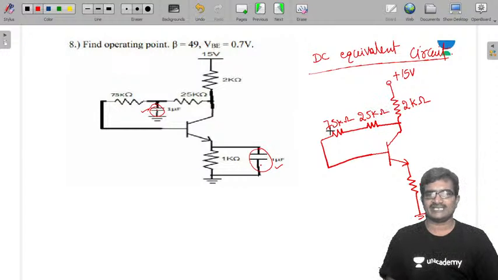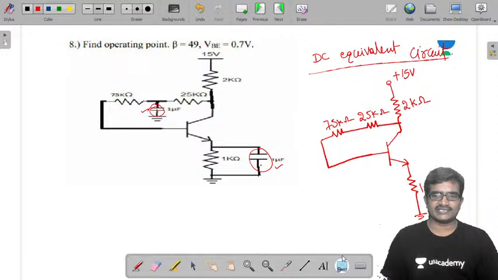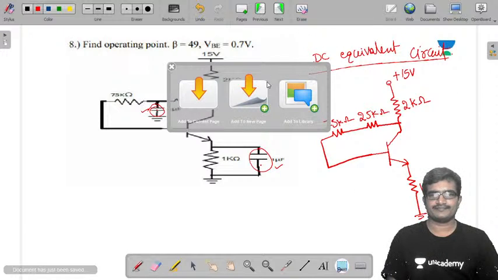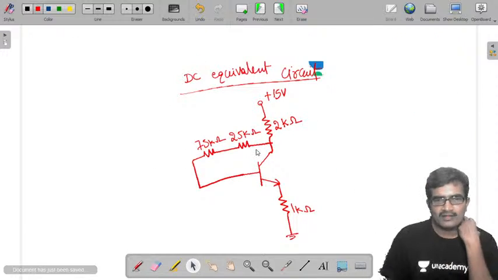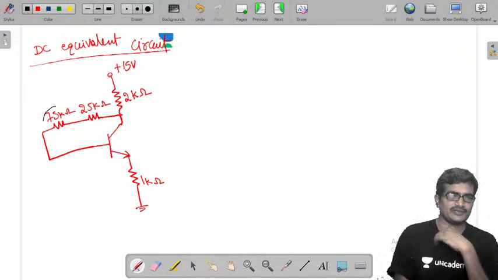See, these two are in series. Now, once these two are in series, this is the circuit. I am going to replace them by a single resistor: 75 plus 25, 100 kilo ohms.